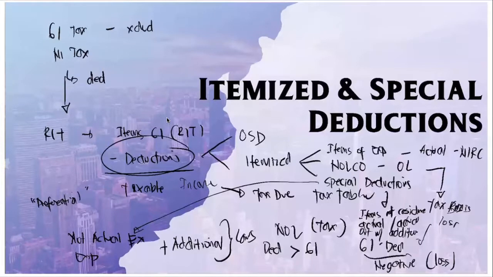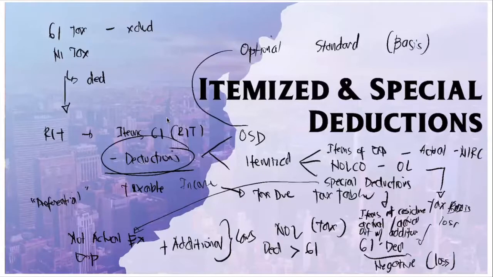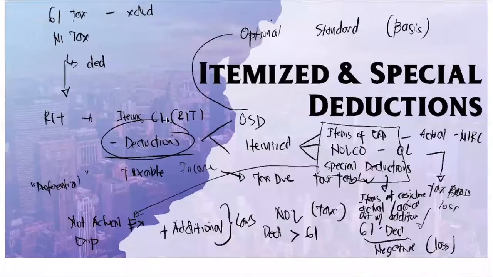Okay, so now we're done with your OSD. So remember, OSD is optional, it is dependent on the taxpayer, and it is standard. You just need to know the tax basis. While in your itemized and special deductions, we will talk about these three items: items of expenses, your NOLCO, and your special deductions.